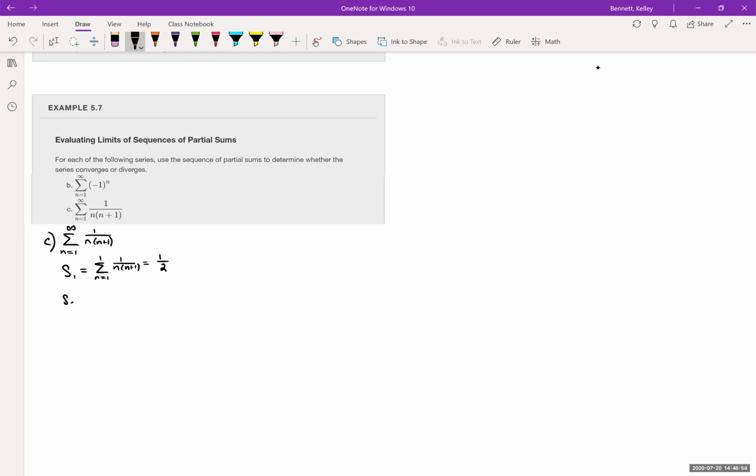Then I'm going to do a few of these to see if I can determine the structure of the partial sum s sub k. The other thing I'm going to start doing is simplifying them at the end. So this will bring me to 2/3. So then s3.